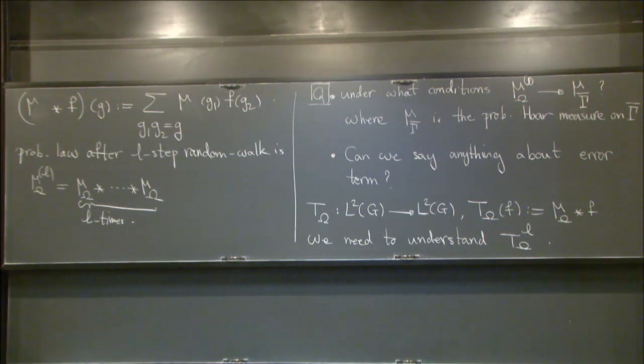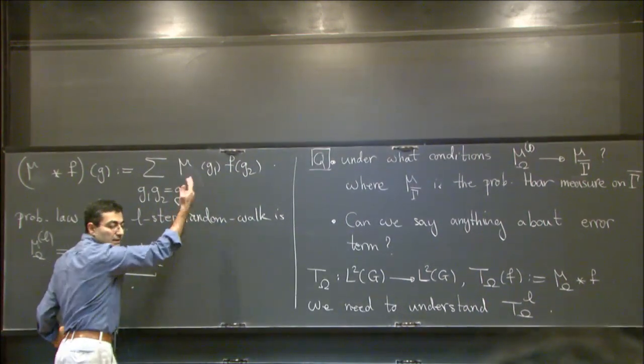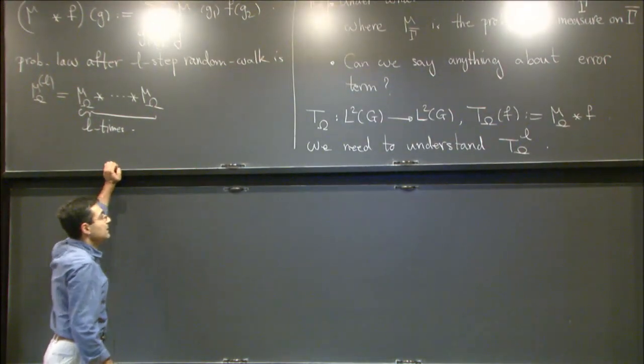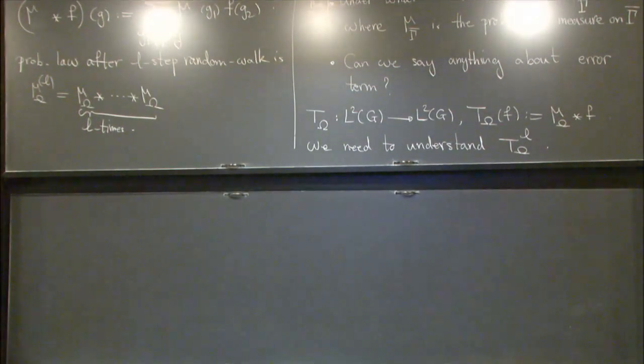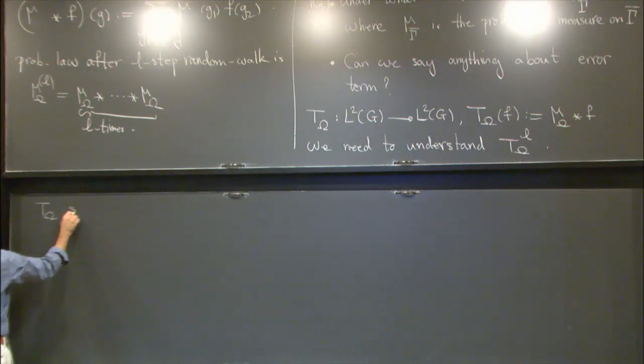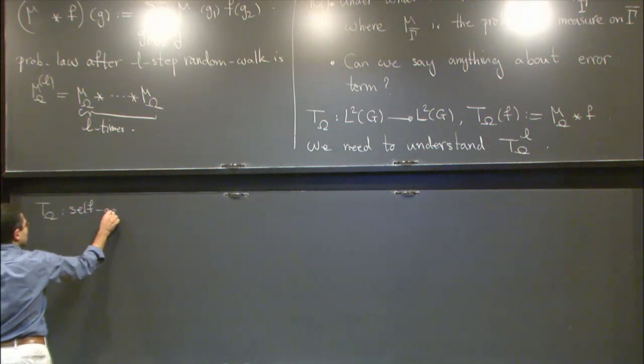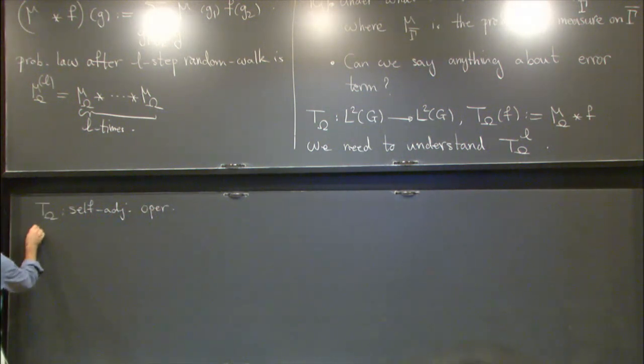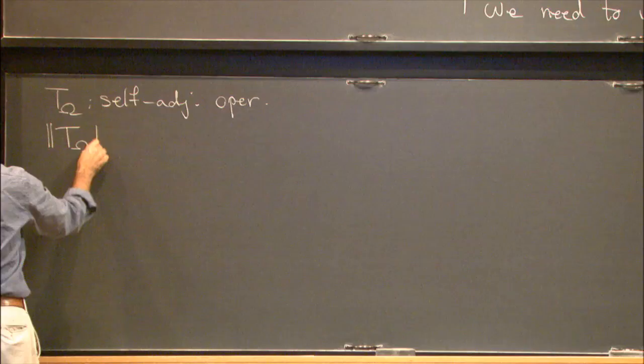The other thing is that this is an averaging kind of operator, so its norm cannot be more than 1, and the constant function is fixed under this. So T omega is a self-adjoint operator, and its operator norm is at most 1.